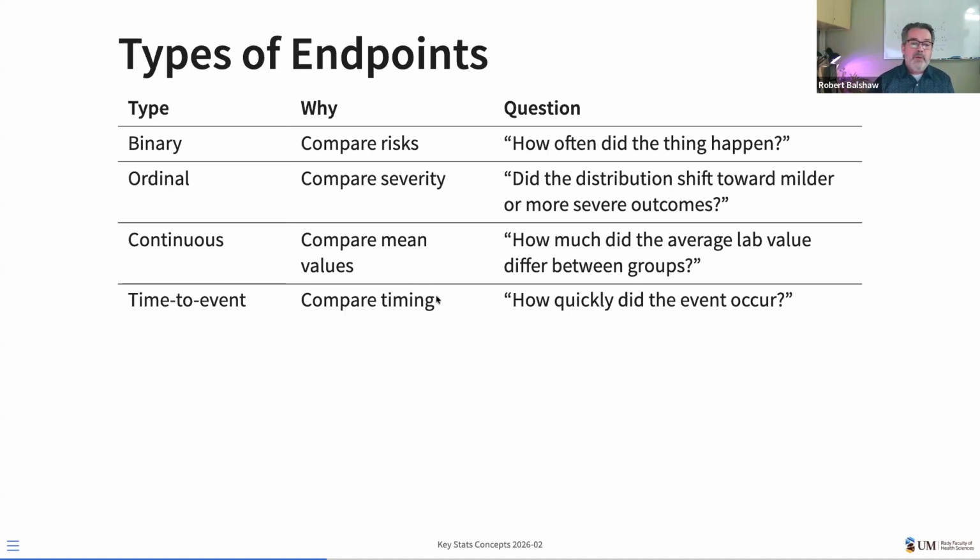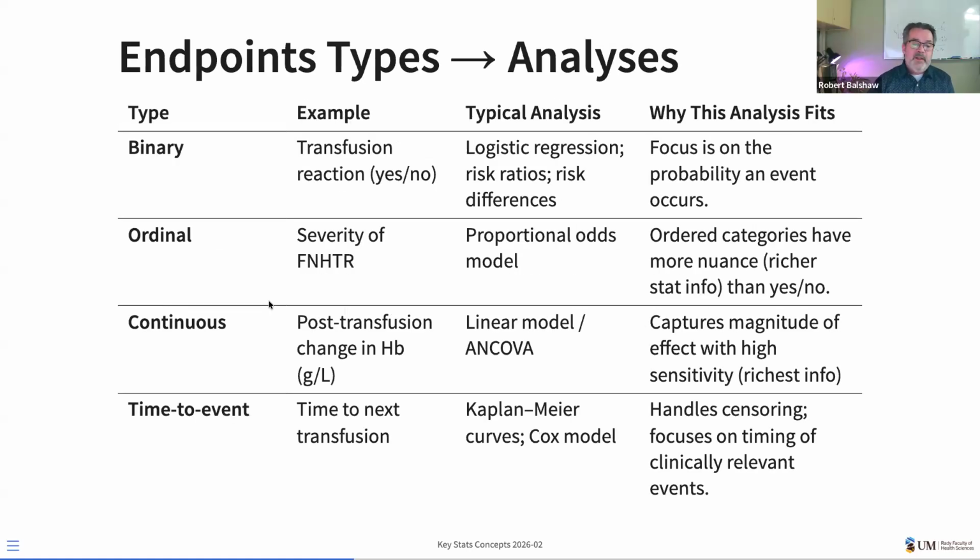That's comparing the timing distribution, a time to event kind of analysis. Ultimately those binary, ordinal, continuous, and time to event endpoints will lead naturally towards typical analyses, and the types of conclusions will reflect that back on the objectives of the study.